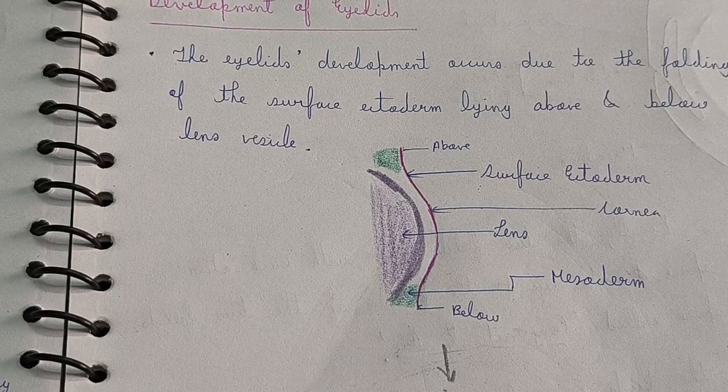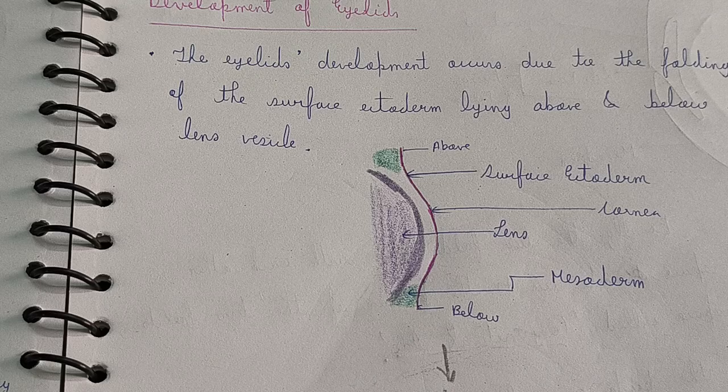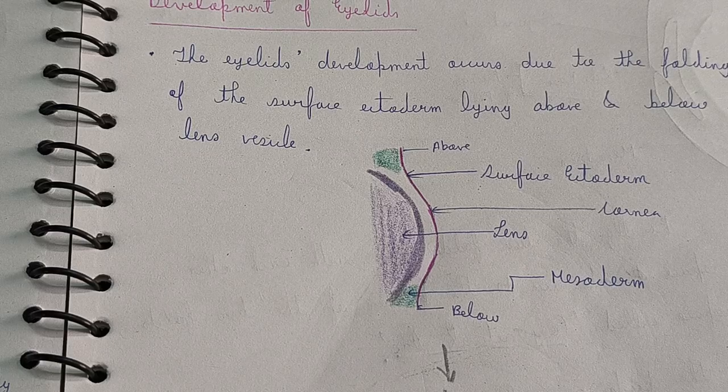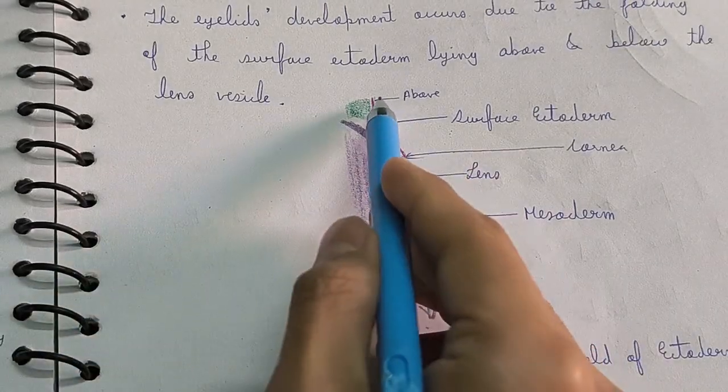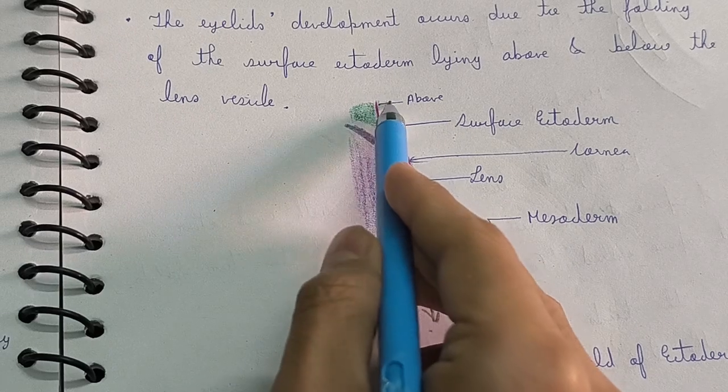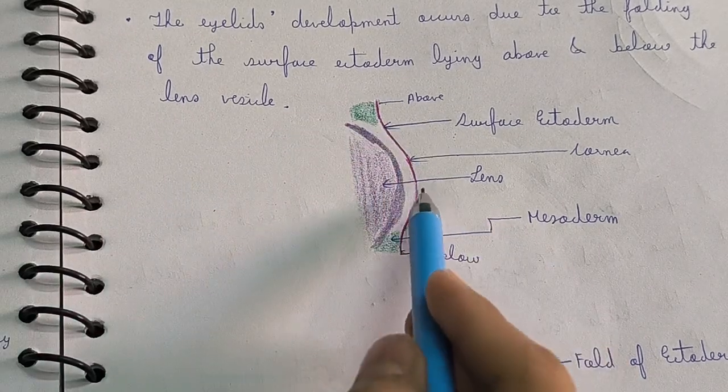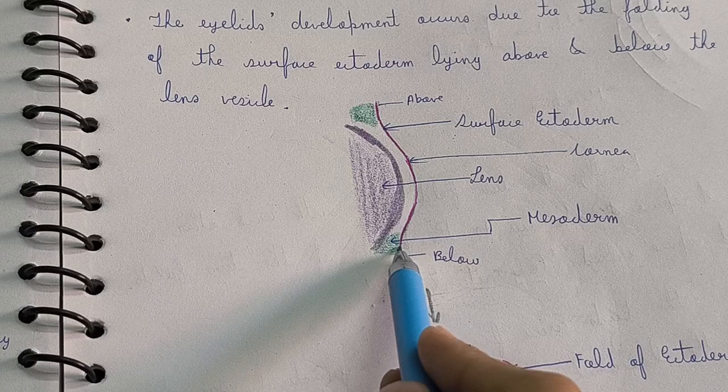First of all, you should know what structures are involved or necessary for the development of eyelids. Basically, two structures: the surface ectoderm lying above the cornea and below the cornea.